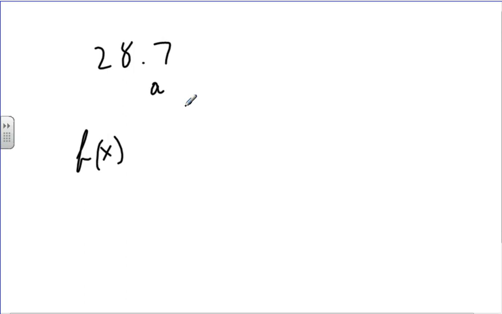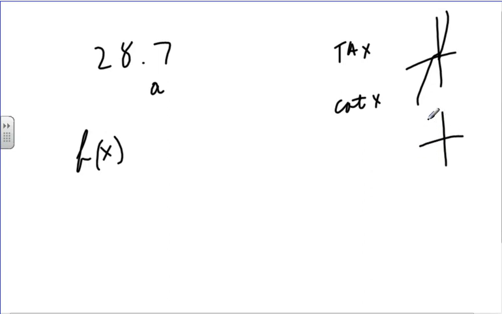Now, why would it be that I wouldn't want to expand around 0? 0 could be an undefined point. It could be infinity. So if I looked at something like tangent x, well, tangent x at 0 is 0, I wouldn't want to expand it there. Well, that would be okay. Tangent x would be okay. But cotangent x would not, because cotangent x at 0 is infinity, right?